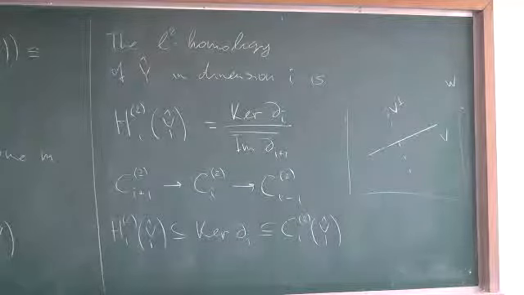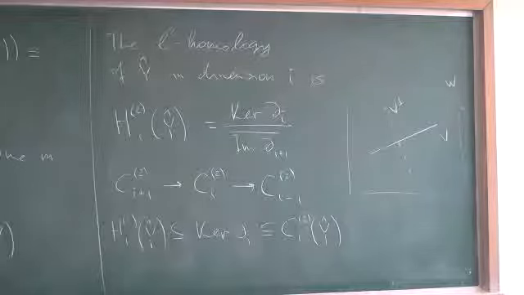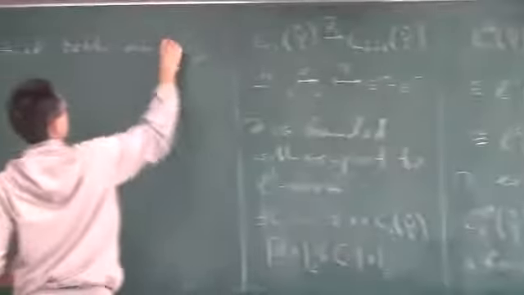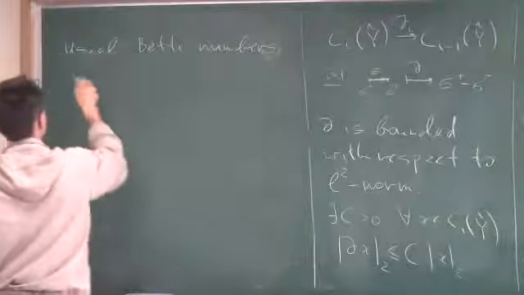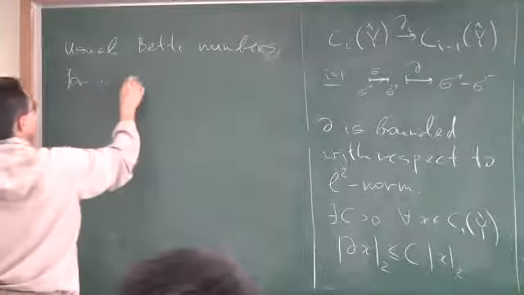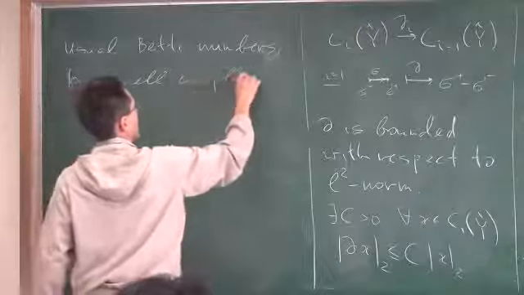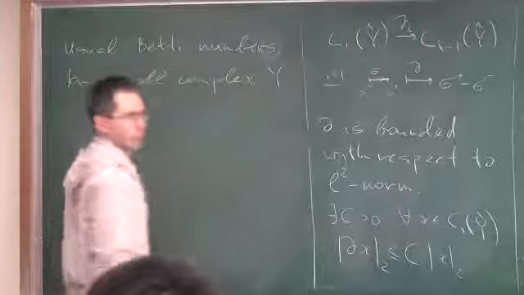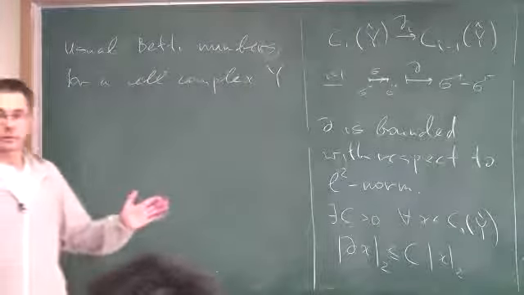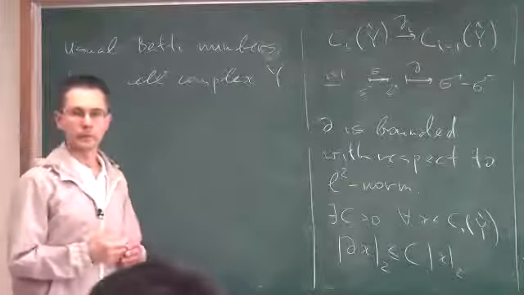And now the notion of dimension comes in. So what are the usual Betti numbers for a cell complex, let's call it Y, say a finite cell complex?